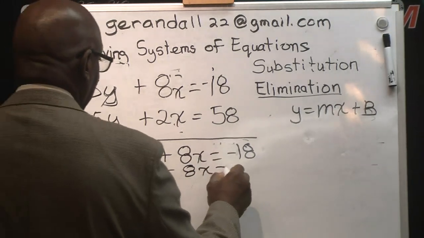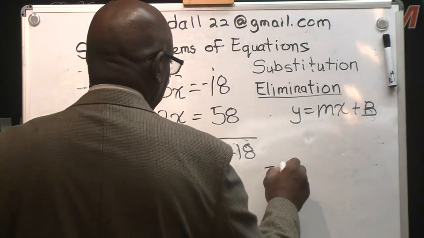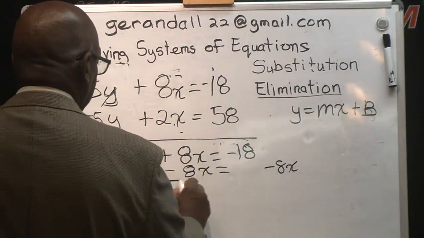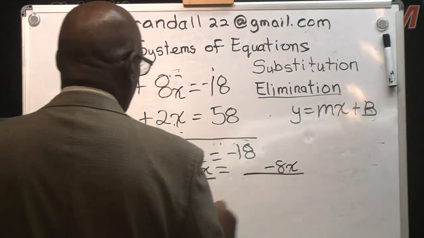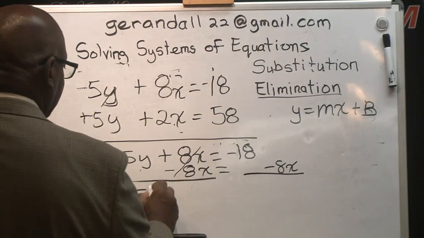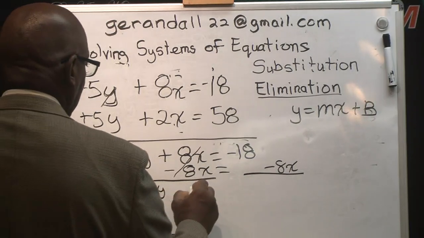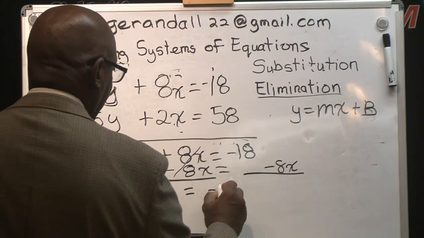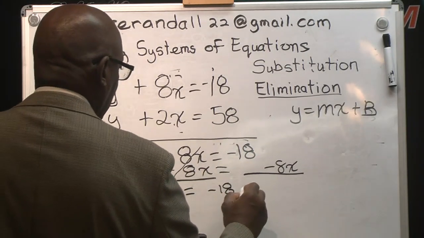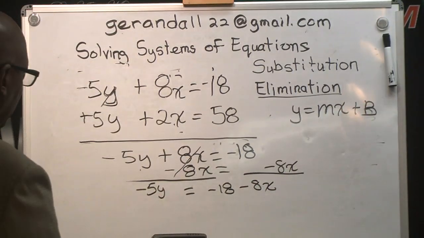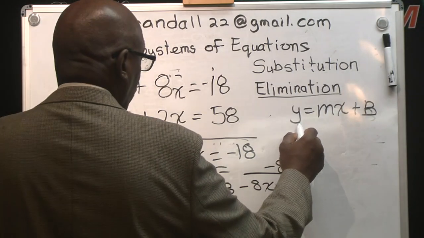Whatever you do to one side, you must do to the other. You draw a line. This takes itself out. You have minus 5y equals minus 18 minus 8x. And again, I said I had to get it in this y-intercept form.